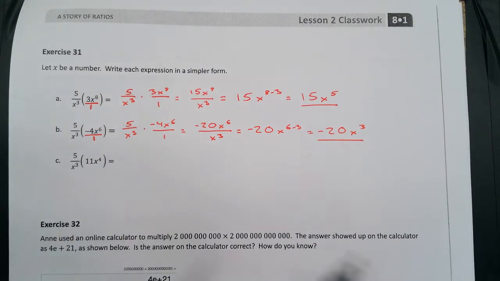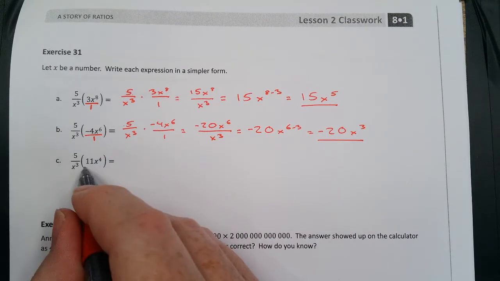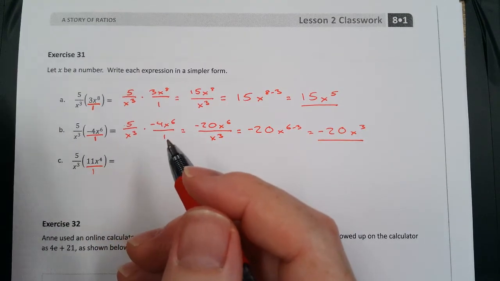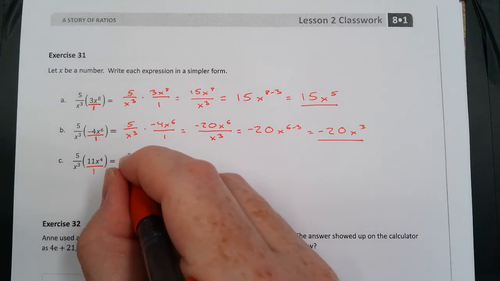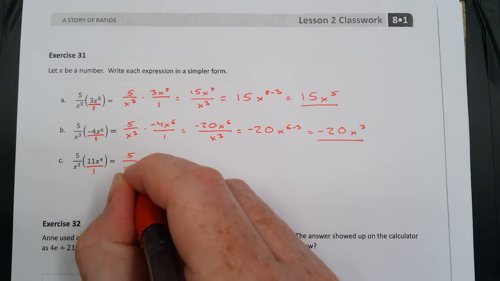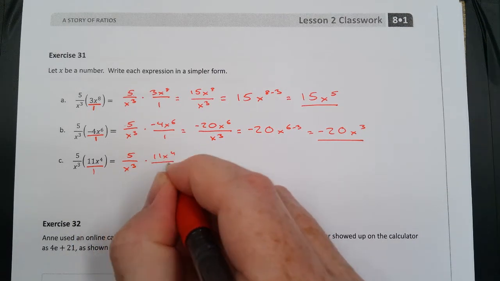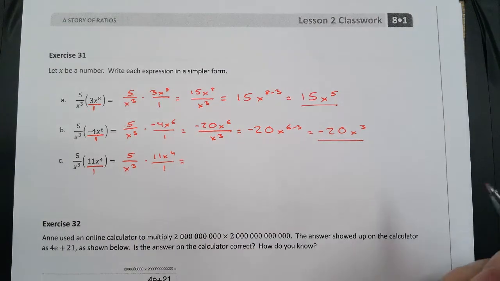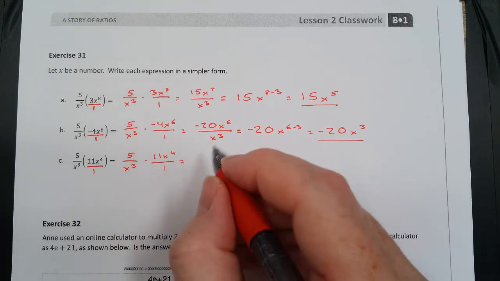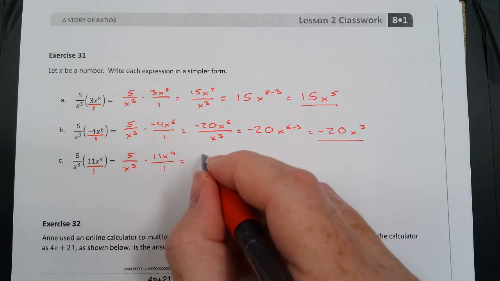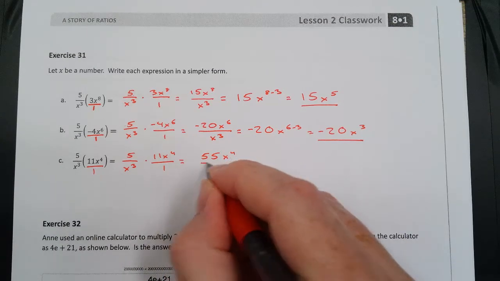When you did part C, remember also, this does not look like a fraction, so just make it look like a fraction. Divide by 1. Dividing by 1 stays the same thing, but now it's a fraction that we can use. Multiply straight across, numerator times numerator, then denominator times denominator. 5 times 11 x to the 4th is 55 x to the 4th.